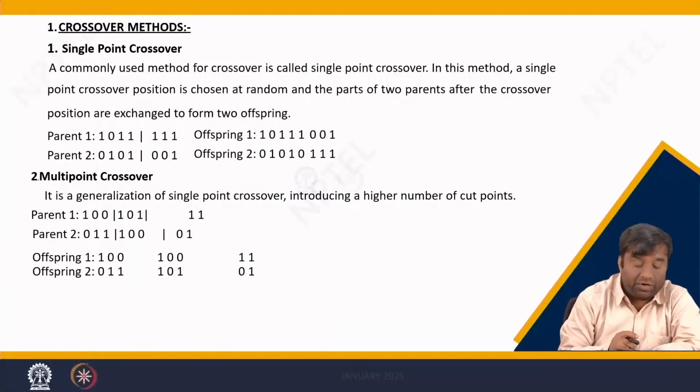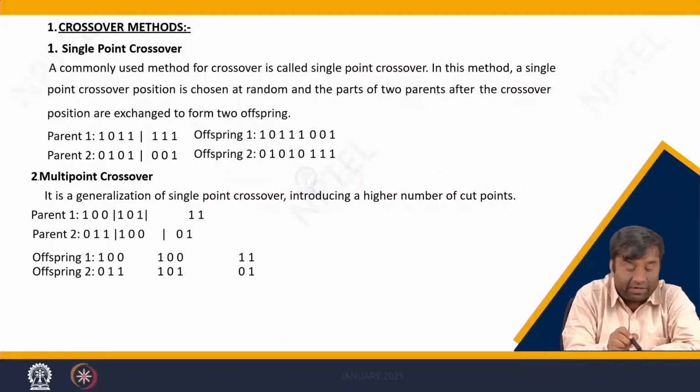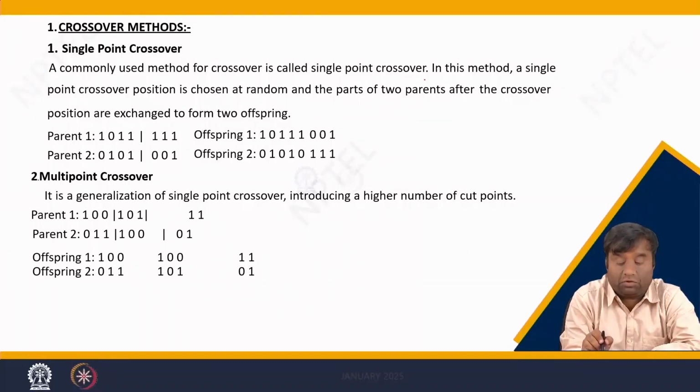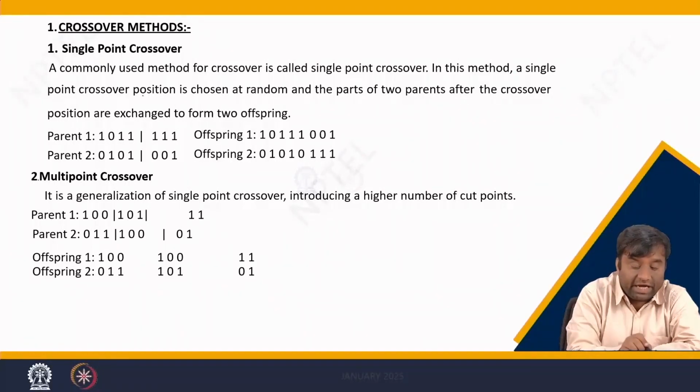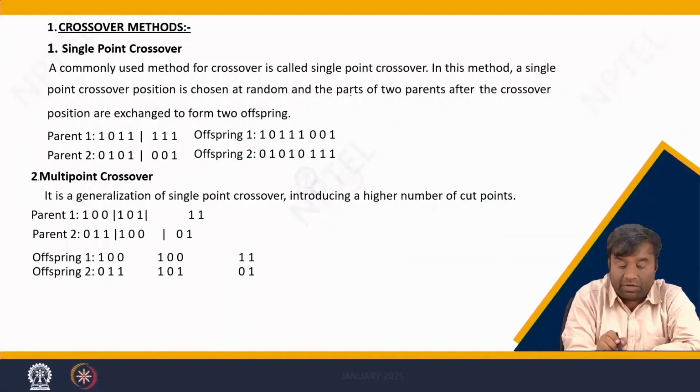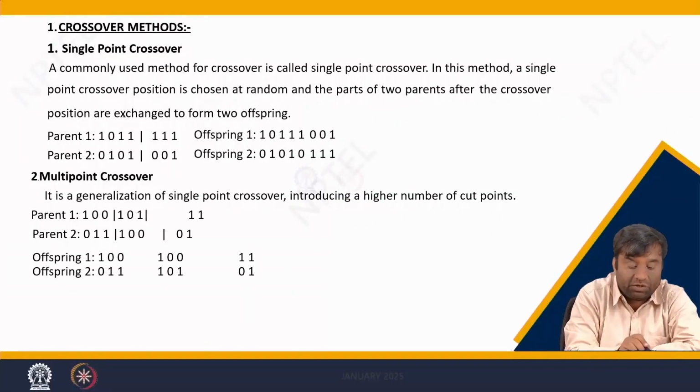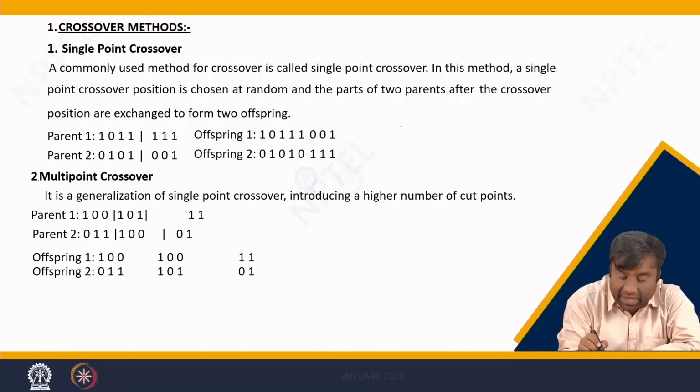Now let's understand the crossover points. For binary encoding, a commonly used method for crossover is called single point crossover. In this method, a single crossover position is chosen at random, and the parts of the two parents after the crossover position are exchanged to form two offspring. In the example, parent 1 is 1 0 1 1 1 1 1 and parent 2 is 0 1 0 1 0 0 1.